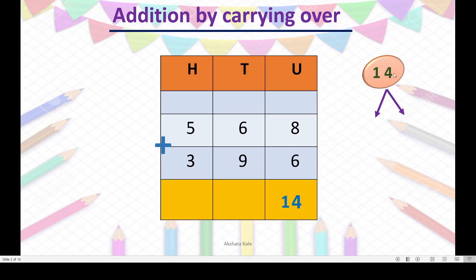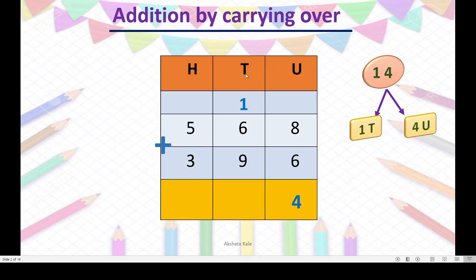See this? Here 4 is in the units place and 1 is in the tens place. So we will keep 4 here in the units column and we will take this 1 to the tens column. That is called carried over to the tens column.